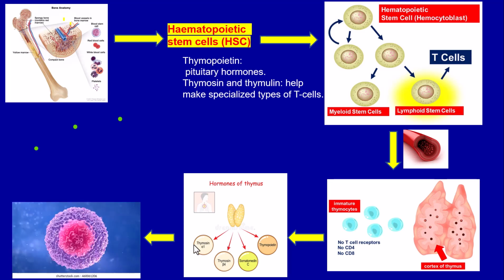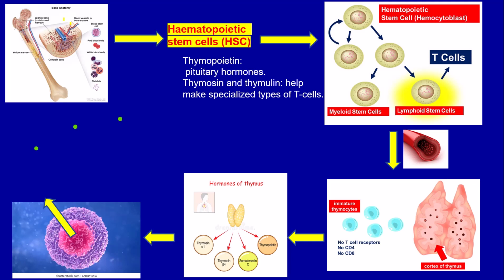These hormones actually act on the nucleus of the T lymphocyte, as we know that the T lymphocyte is nucleated. So these four hormones act on the nucleus of the T lymphocyte.